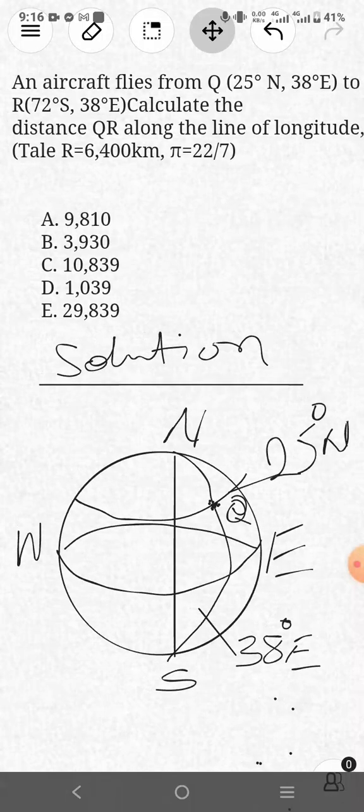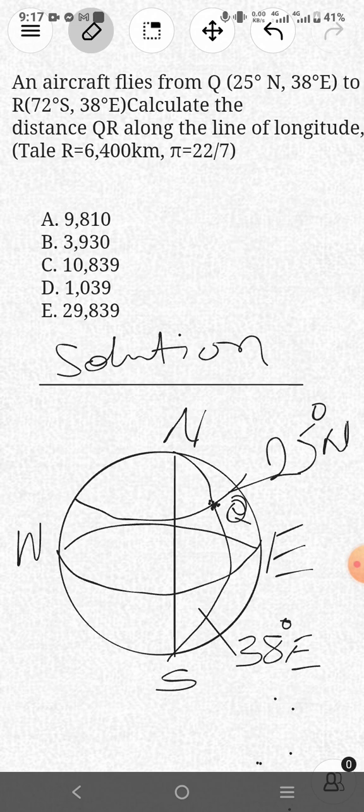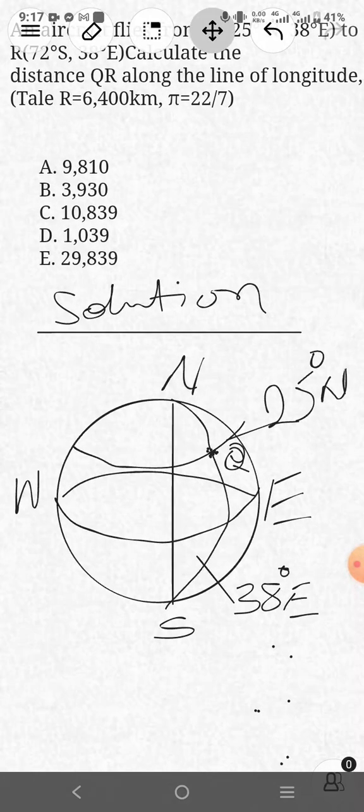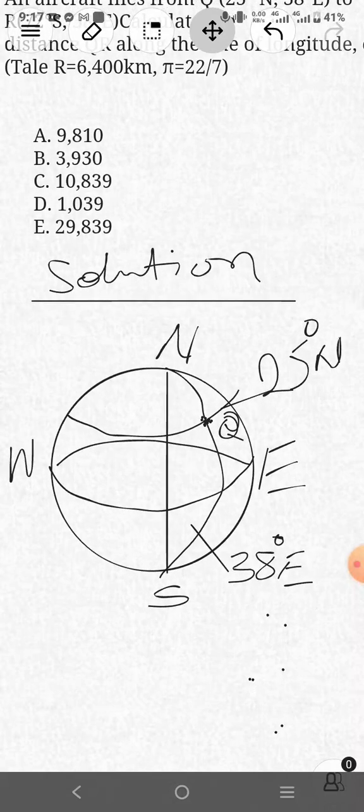Then we now move to the second point, point R, 72 degrees south and 38 degrees east. So that is the common longitude, so we will not repeat that again. We now have our 72 degrees south, so I will put that on the southern hemisphere.